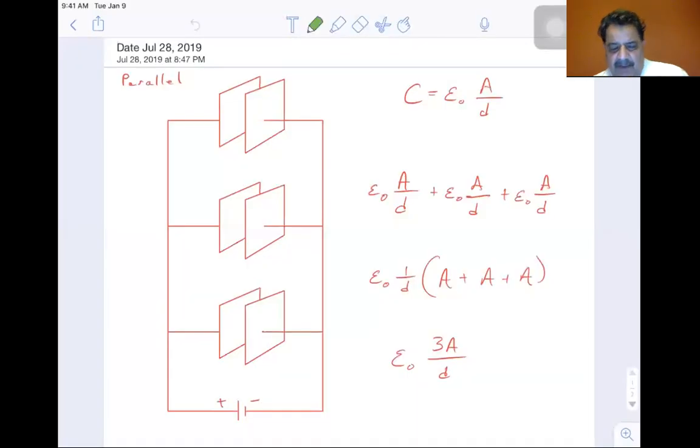Okay, so I drew some parallel plate capacitors, and if you recall the definition, the capacitance is equal to epsilon zero times the area divided by the distance.